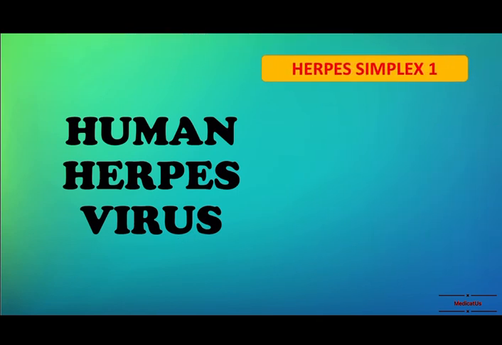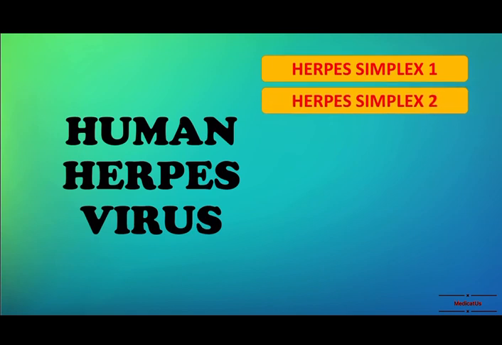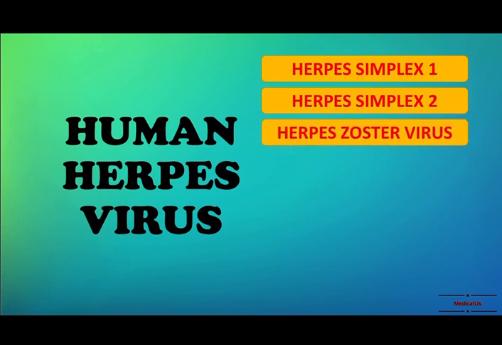The first member of this family is human herpes virus 1, known as herpes simplex 1. Then the human herpes virus 2, known as herpes simplex 2. Then comes the human herpes virus 3, that is herpes zoster virus.